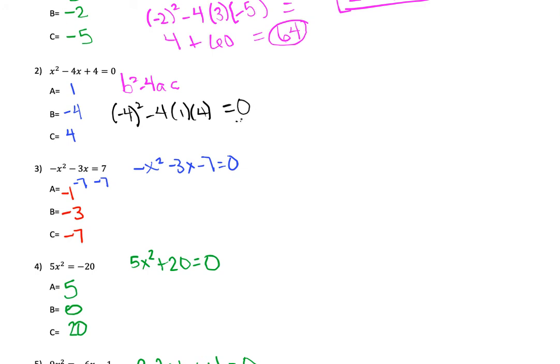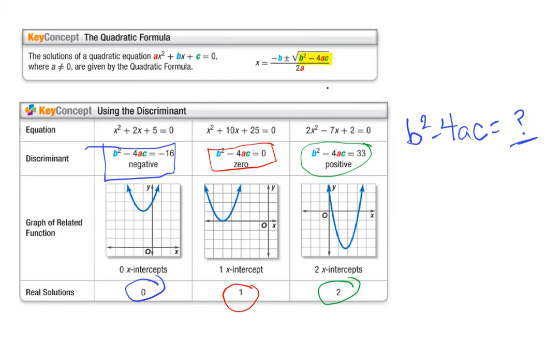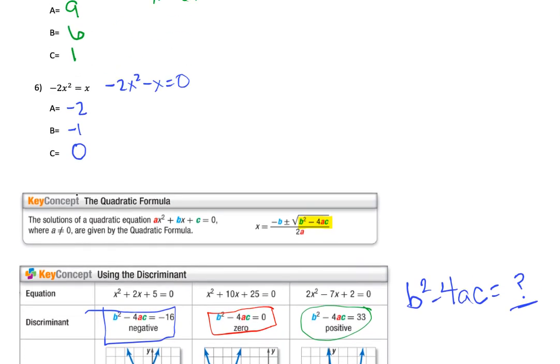If this equals 0, that means I have 1 real solution. It might be a good idea to copy down this chart down here or something similar so you know how many solutions everything is, just in case you forget.